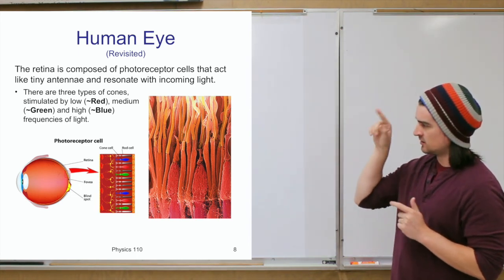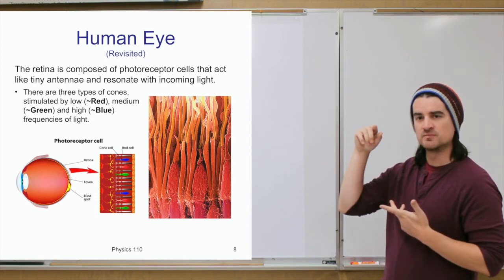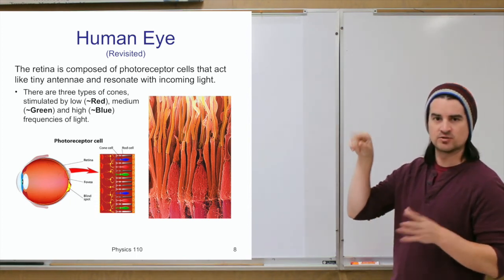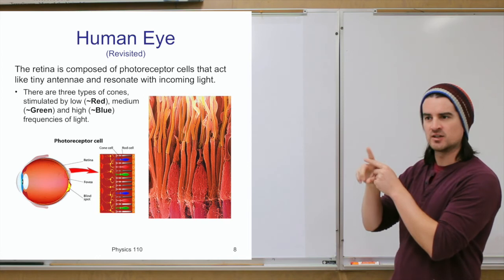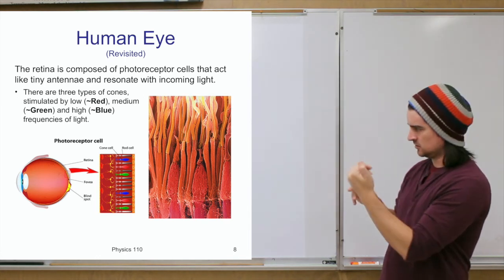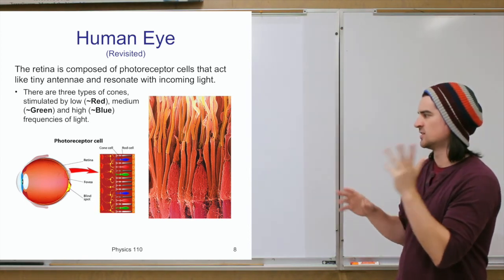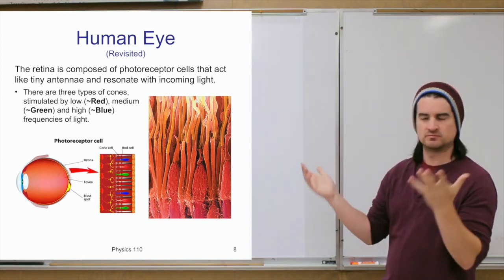It's going to hit one of those red cones, and those photoreceptor cells are like antennas, so they pick up that red wavelength, and it'll send that signal through your optic nerve, and your brain will essentially tell you that, oh, you're seeing red.